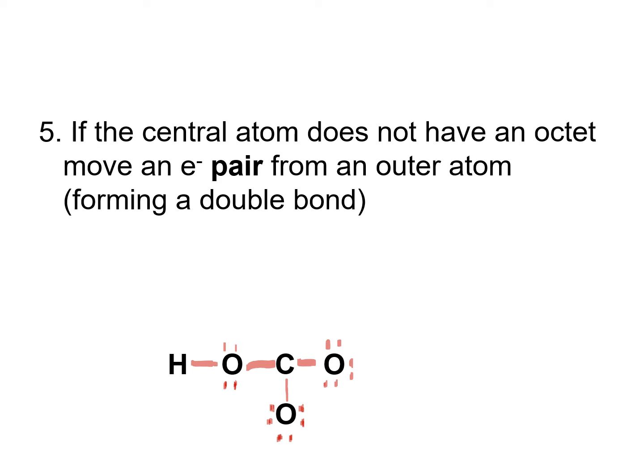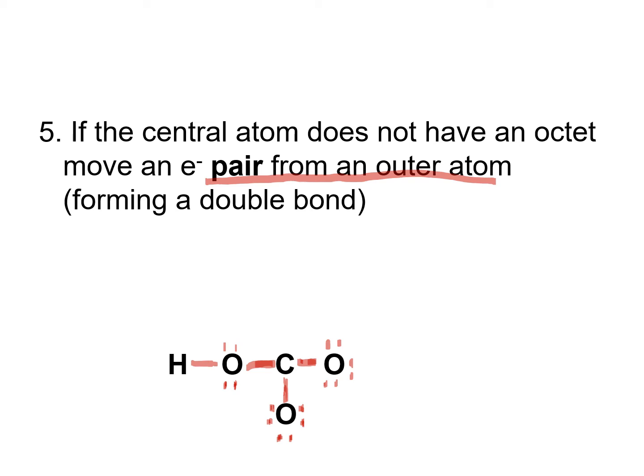The central atom doesn't have an octet. Right now it's got 2, 4, 6 around it. I can't just give it 2 more electrons because I don't have any. I've used them all up. So what we're going to do is take a pair from an outer atom and use it to make a double bond.